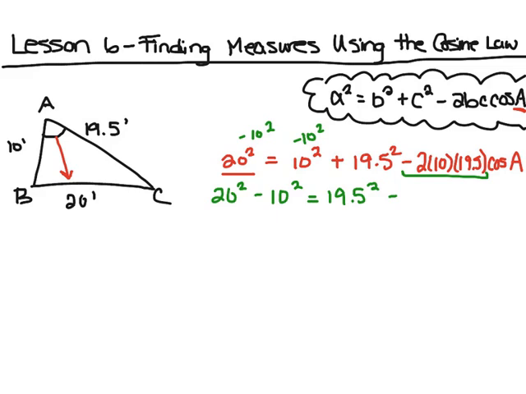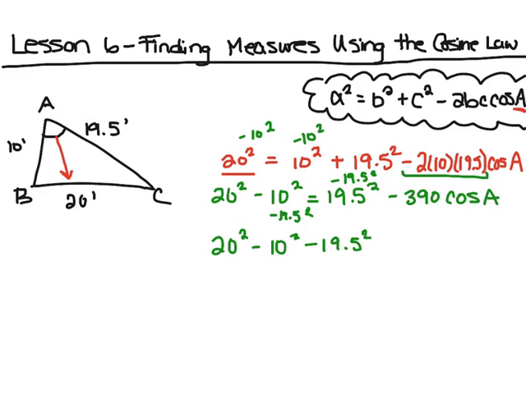So 2 times 10 is 20 times 19.5 is 390 cos of A. Now we need to move the 19.5 squared. So we'll subtract it from both sides. So we have 20 squared minus 10 squared minus 19.5 squared is equal to negative 390 cos of A.